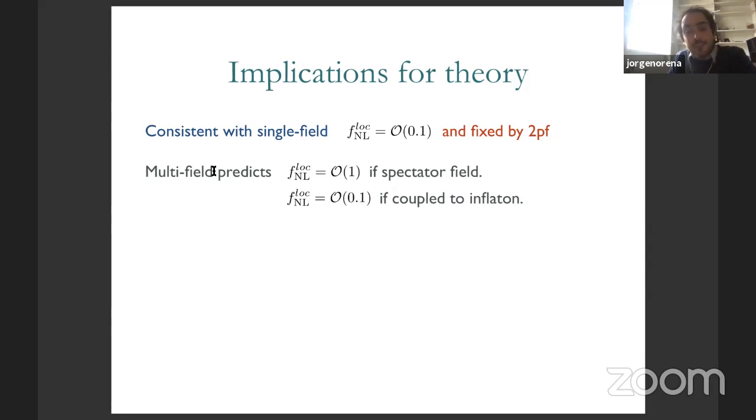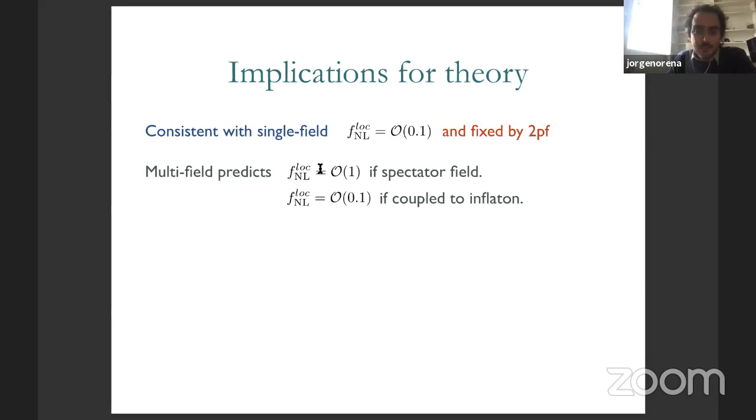What does multi-field say? The natural values for the local FNL in multi-field are order 1 if the non-Gaussianity is generated by some spectator field that is independent of the inflaton and contributes to the curvature fluctuation after it decays after inflation.